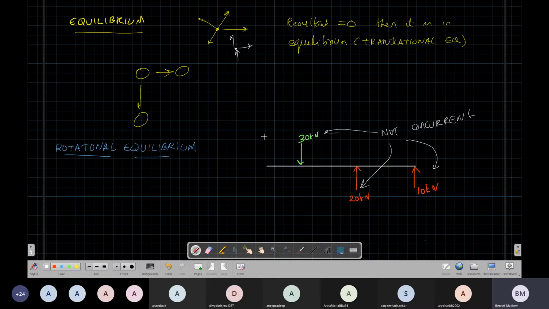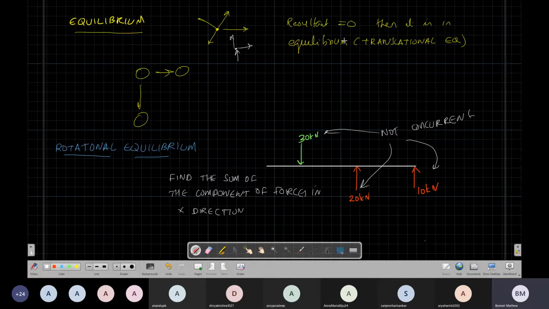Now what about this? It is again simple. What you have to do is find the sum of the components of forces in the x direction.